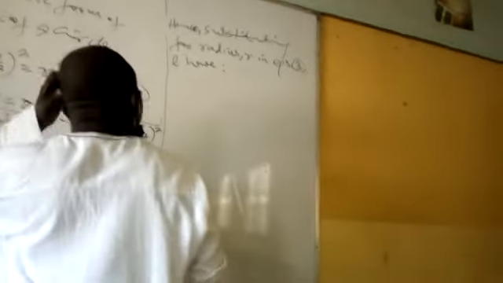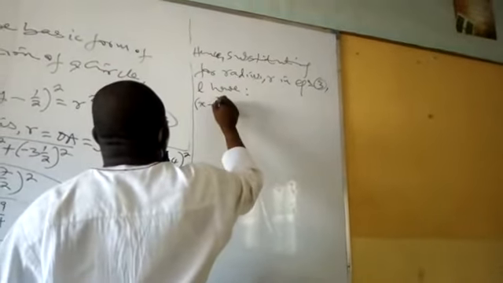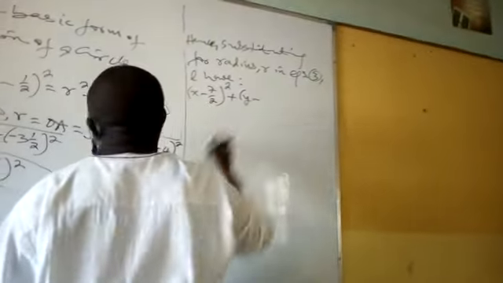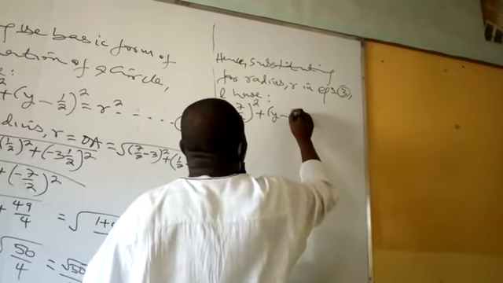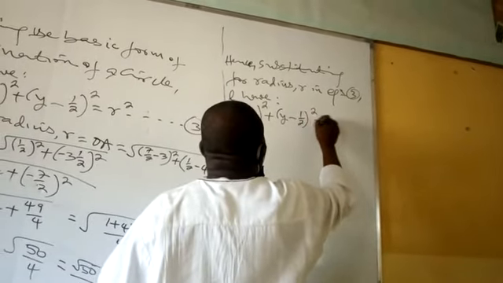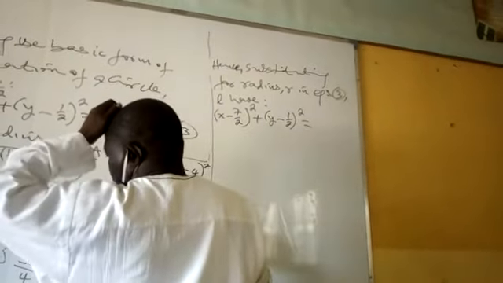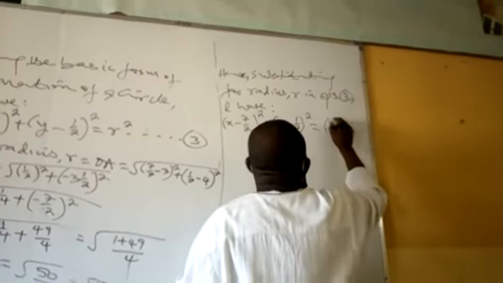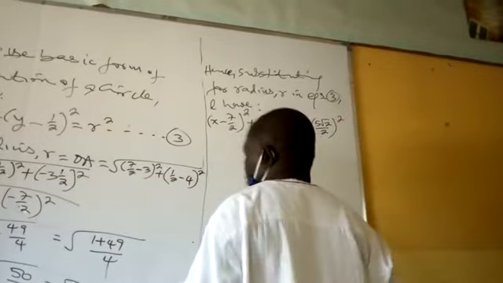In equation 3 I have x minus 7 over 2 square plus y minus half square is equal to r square. And my r in this case is 5 root 2 over 2 all square.